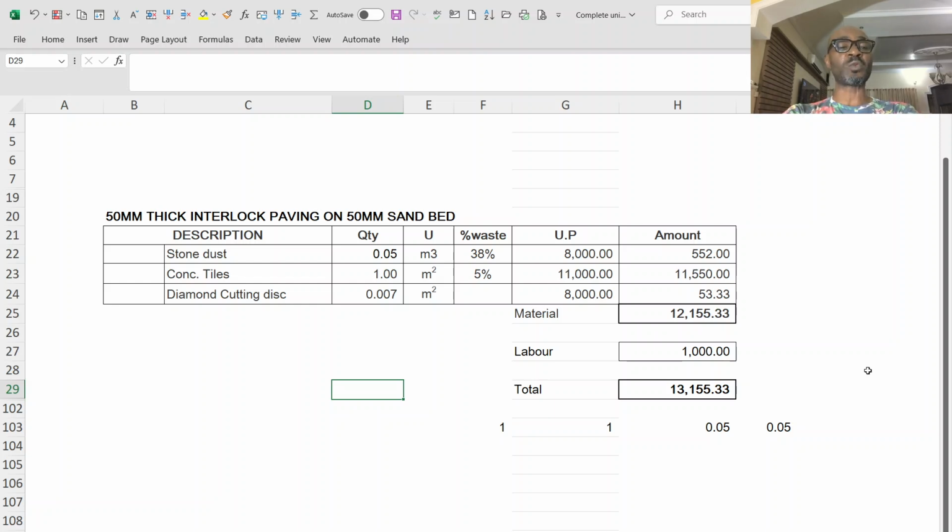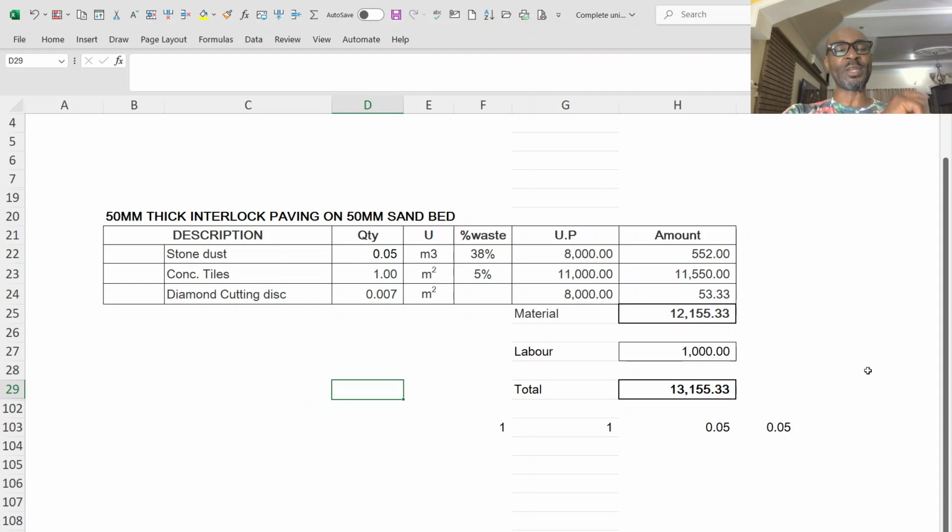But in this case, we are going to be building up the unit rate for a composite description that includes the sand bed and the concrete stone tiles. So the first thing we need to bring out from the description is the thickness of the sand bed that you are expected to prepare so that you can now lay the interlock on it.